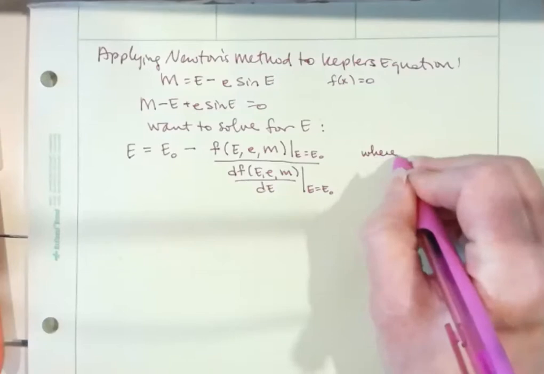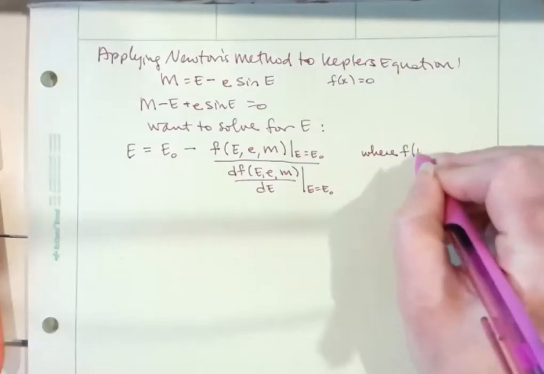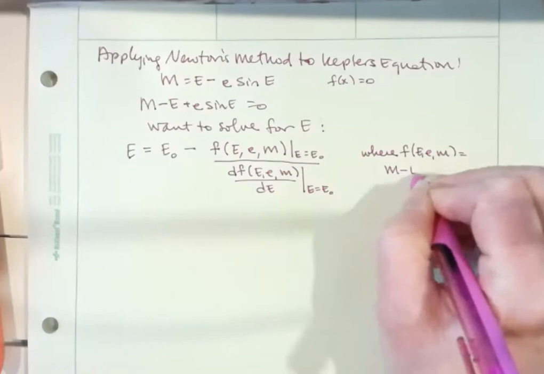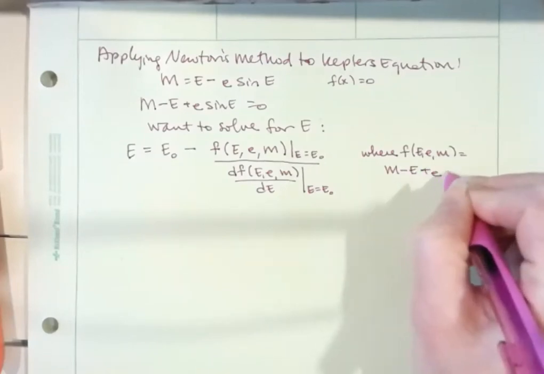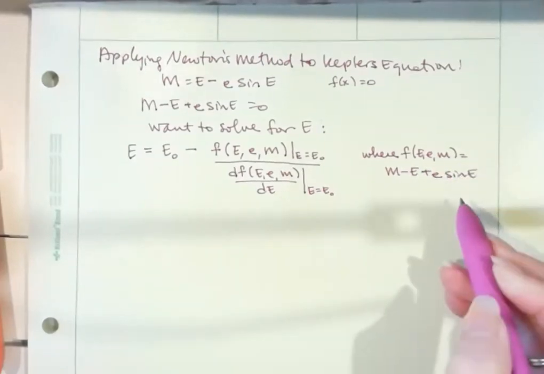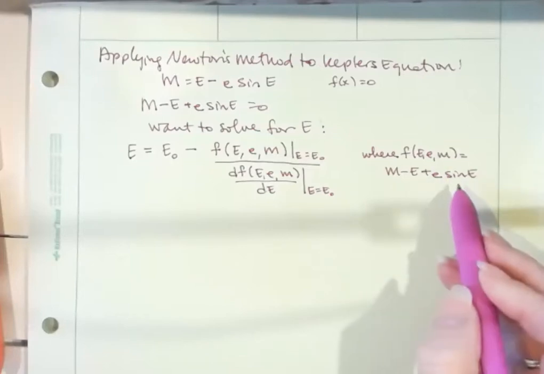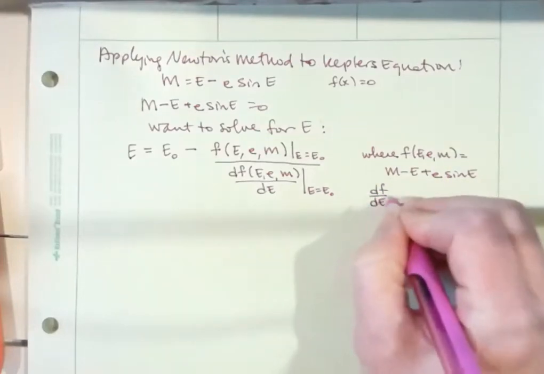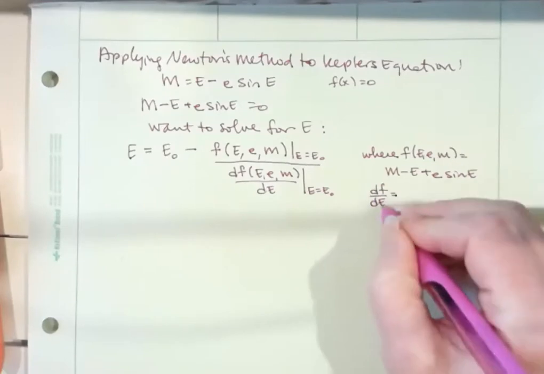And remember, our function is just M minus capital E plus e sine capital E. So if we went through and took the derivative of this, we get df over dE.